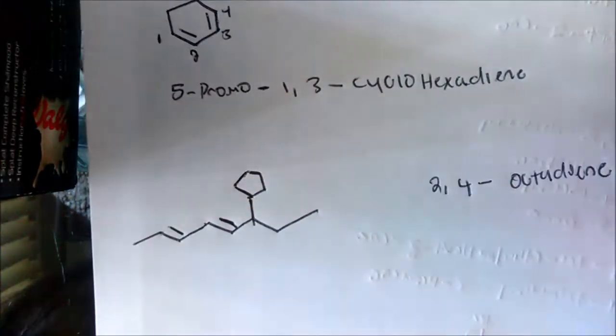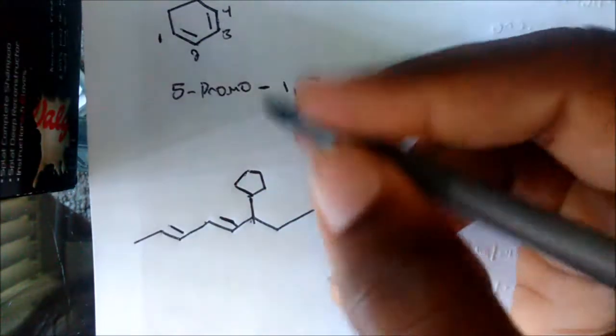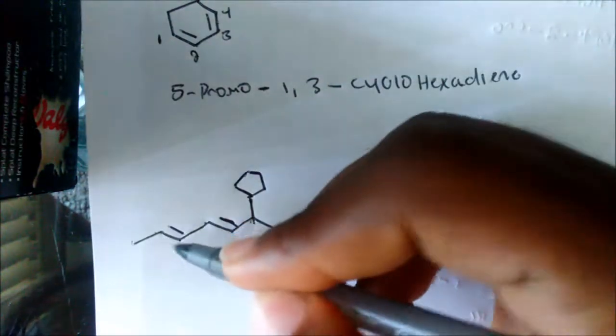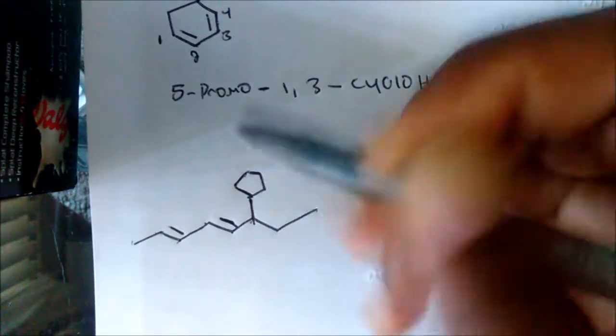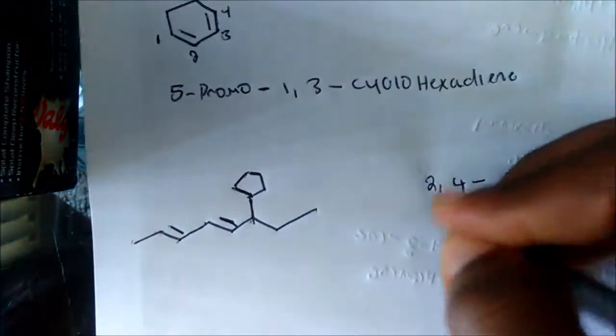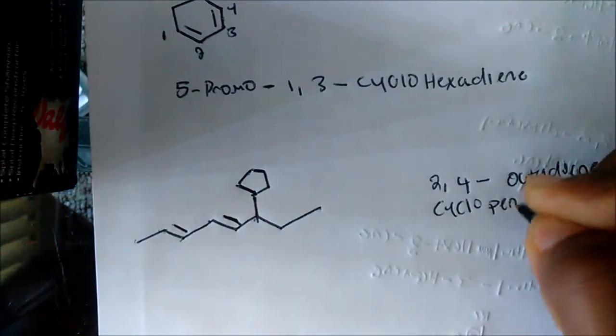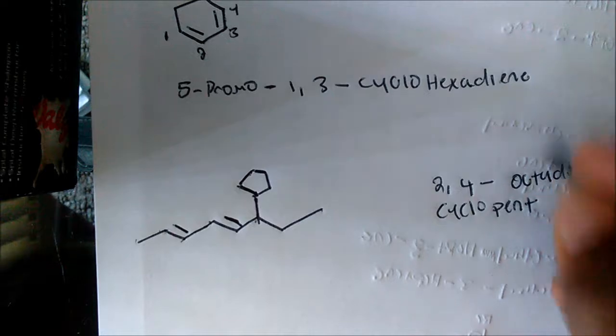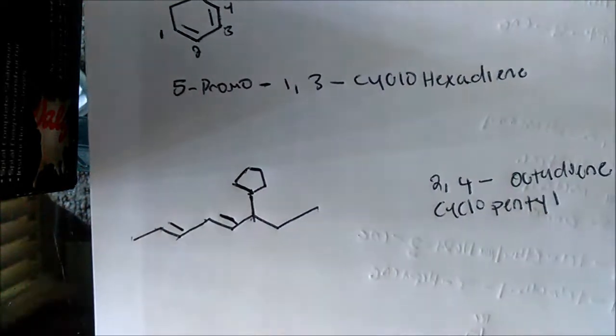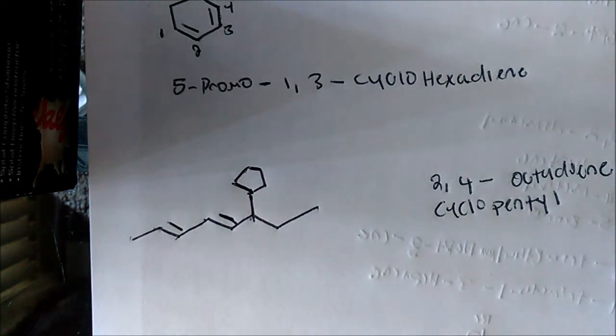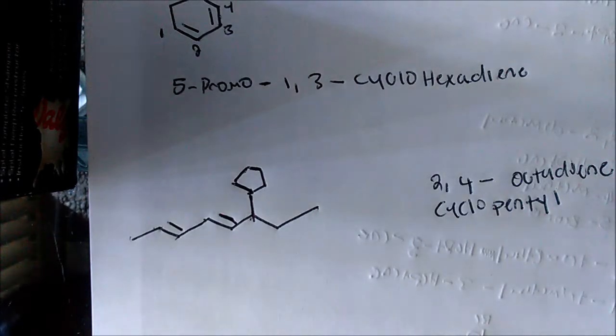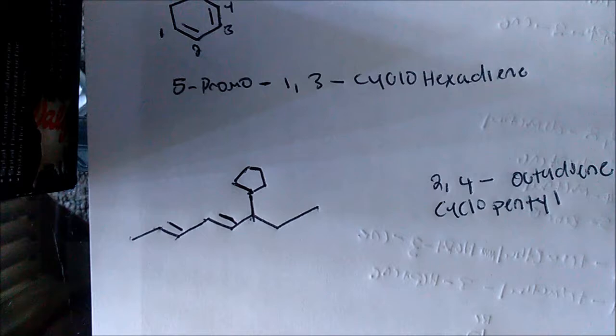And then on carbon 6, we have a cyclopentyl, because now that is a substituent. Remember, we use the -yl ending, pentyl, implying that it's a substituent, and that will take care of all our substituents.